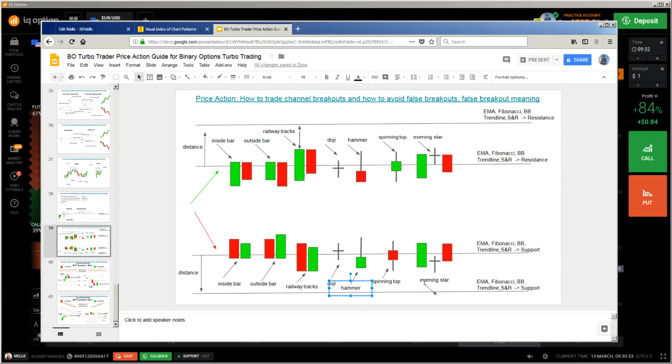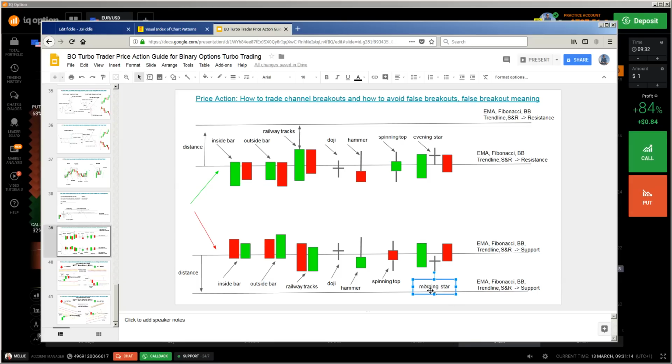And if you know that such levels are not broken so easily, you can expect a fake breakout. It's the same thing with the 200 EMA. The 200 EMA is so strong that it's mostly a fake breakout. There must be a strong trend to break through the 200 EMA.